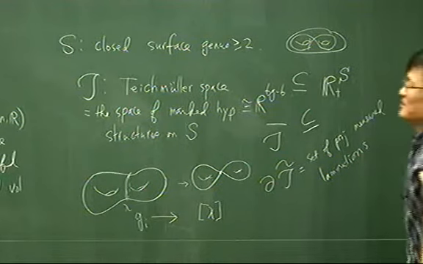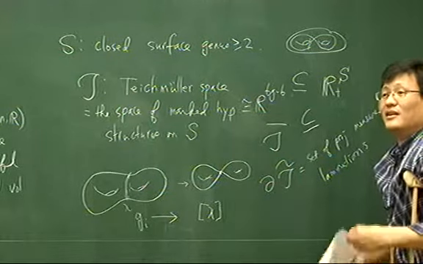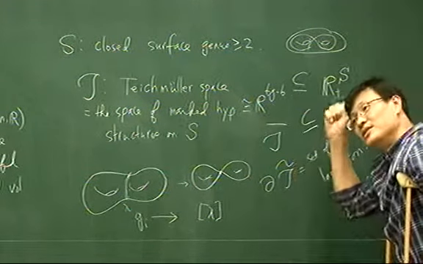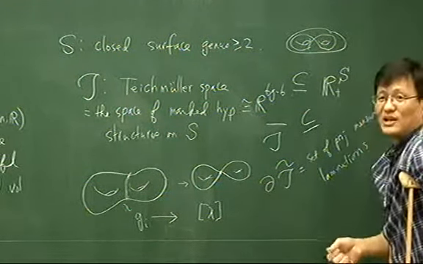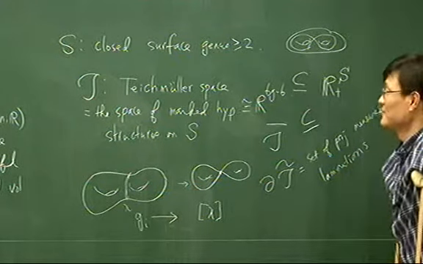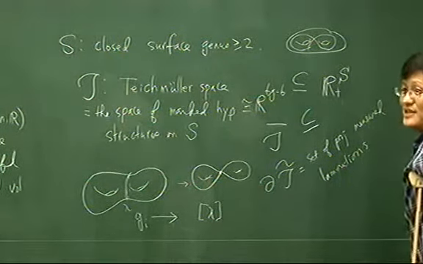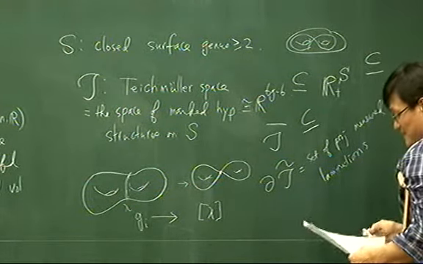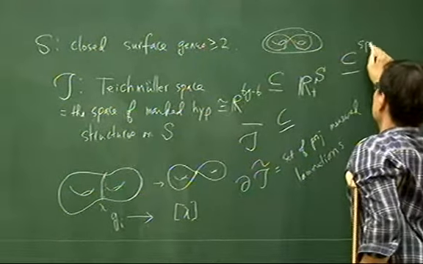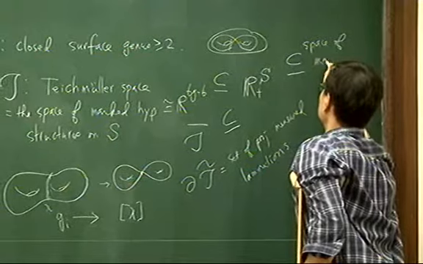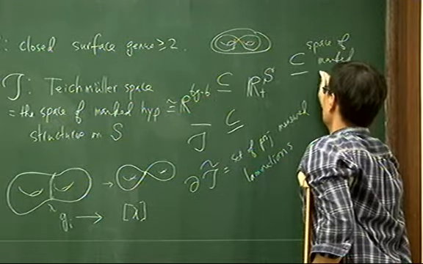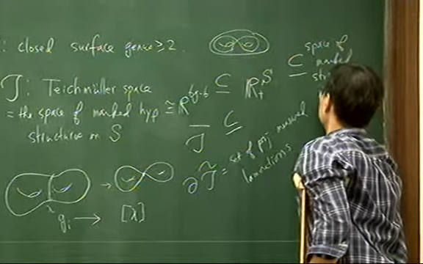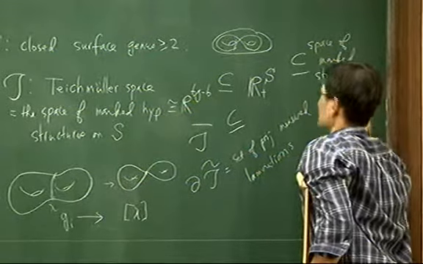But I want to see this picture in terms of convex projective structures, because hyperbolic structure is a substructure of the strictly convex projective structures. Teichmüller space is a subspace of the space of marked strictly convex projective structures.